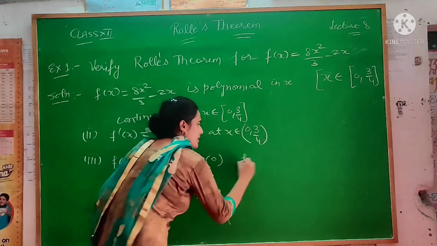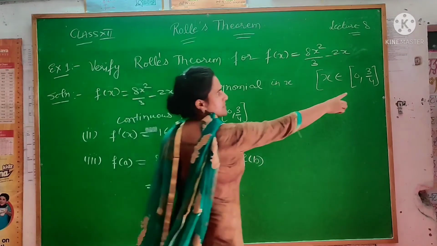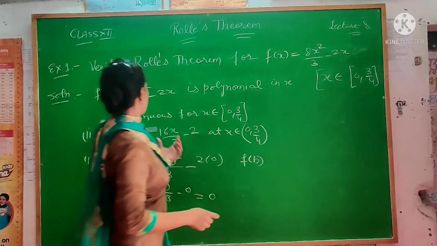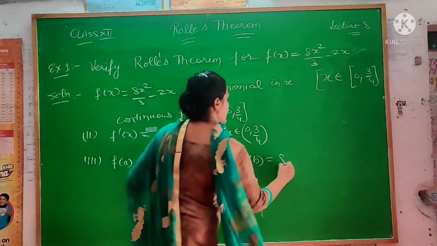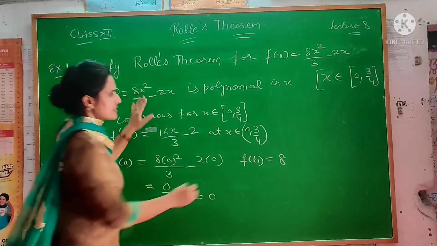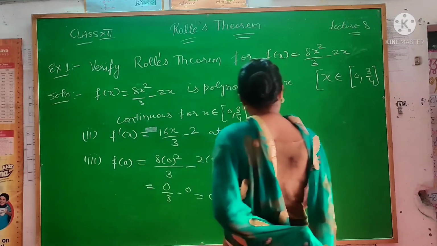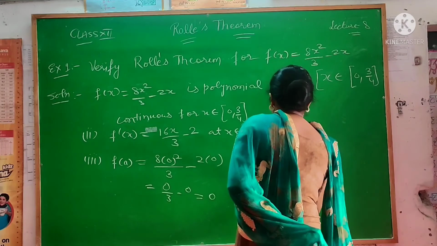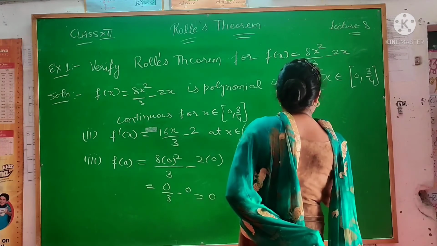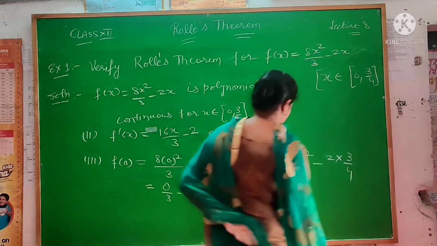Now for f(b), put x is equal to 3/4 in this: 8 times (3/4) square divided by 3, minus 2 multiplied by 3/4.